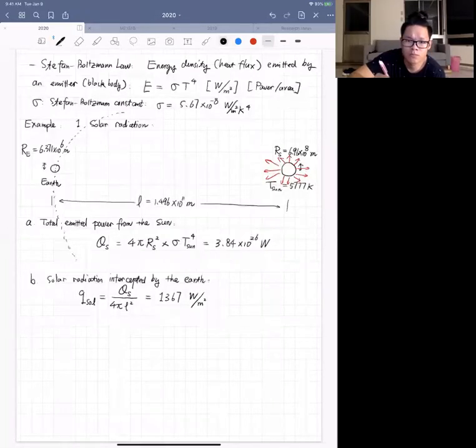This is the solar energy flux we receive on the top of the atmosphere. So this is the amount of energy that arrives on Earth. This number is a well-known number. It's called the solar constant, or sometimes we also call it insolation.